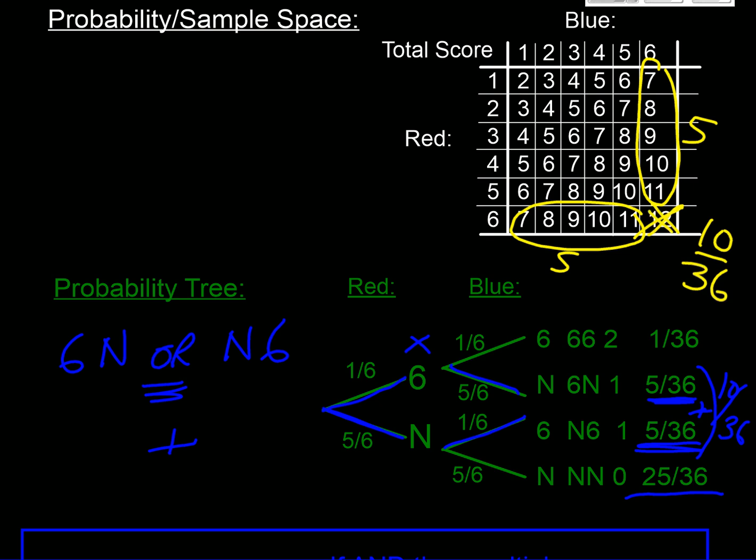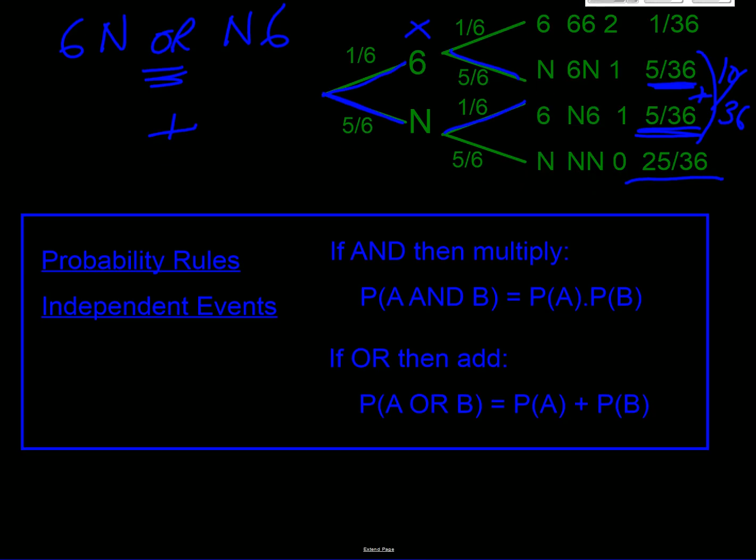Yeah, so what's that telling us in this world? Well, if we start going along a tree and we're saying the first probability and the second probability, maybe the third, maybe the fourth, but if we've got first and second, so it's probability A and B, then we're going to multiply them together.